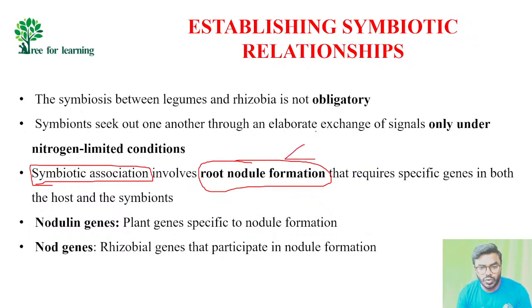Compulsorily we require bacteria, and compulsorily we require the plant also, which means the genes of the plant and the genes of the bacteria are also required in order to form the root nodule. So friends, from the plant we will use some genes in the root nodule formation. So the plant genes we can call the nodulin genes. Don't confuse, friends. And what do we call this particular nod gene?